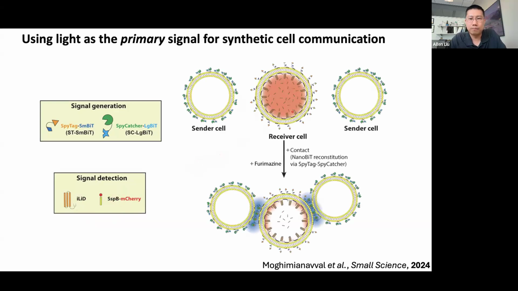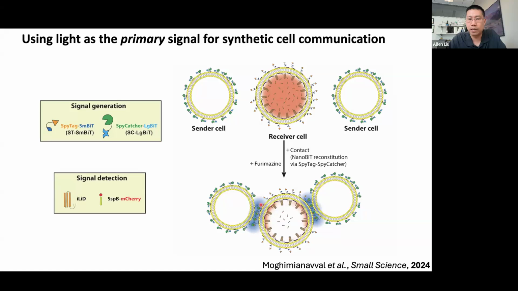So the experiment is rather simple. We have a population of sender cells. We have a population of receiver cells. The sender cells will have the spike catcher. The receiver cells will have the spike tag. When they form a membrane interface, we will complement the small bit and LG bit, forming a nanobit.